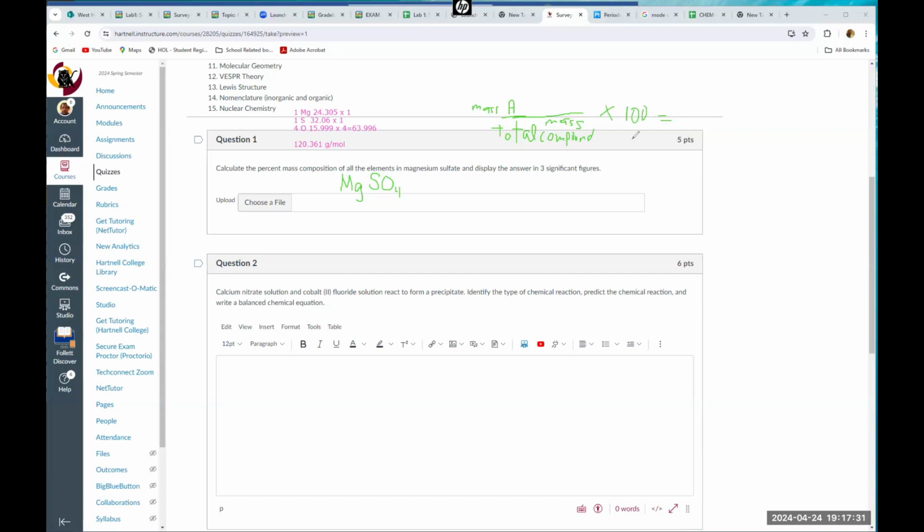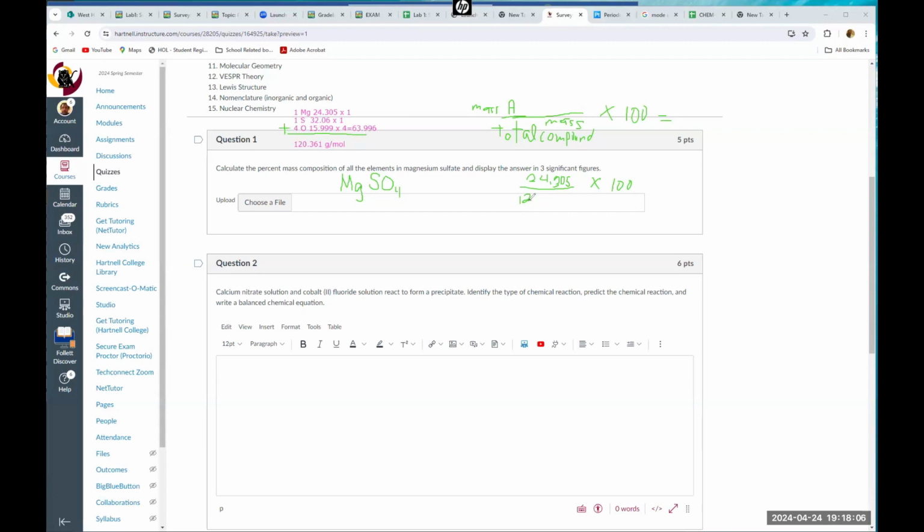Okay, so in this case, we're going to do magnesium. So it's like the 24.305 times 100? Yep. So it's going to be, like you said, 24.305 times 100, but it's going to be divided by, oh, divided by what? I can't remember. 120. Remember? Oh, the total.